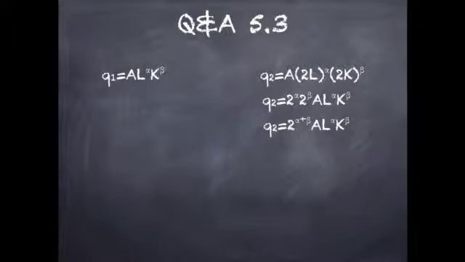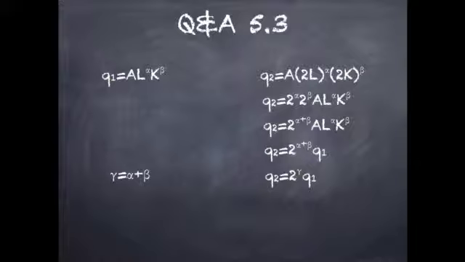We already know that Q1 is equal to AL to the alpha K to the beta, so we can substitute Q1 into here. So we get Q2 is equal to 2 to the alpha plus beta multiplied by Q1. To simplify a little further, we will assume that gamma is equal to alpha plus beta. So we have Q2 is equal to 2 to the gamma multiplied by Q1.